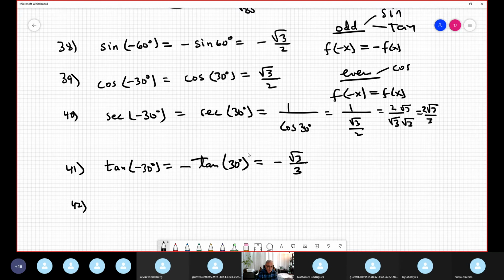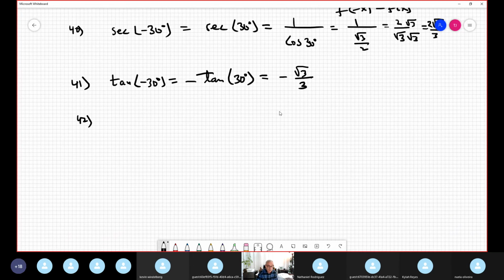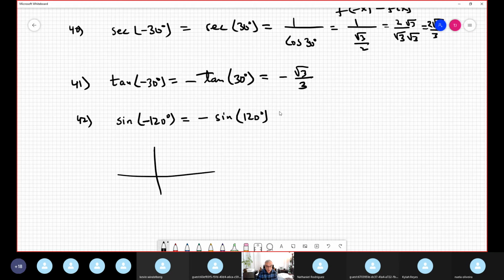42. 42 is sine of negative 120 degrees. It is negative sine 120 degrees. Okay, 120 degrees, I don't know it, because I only memorize 30, 45, and 60, but I find the reference angle. 120 degrees lies in the second quadrant.